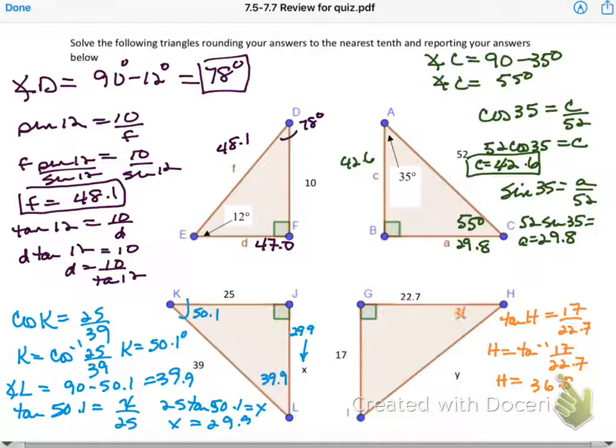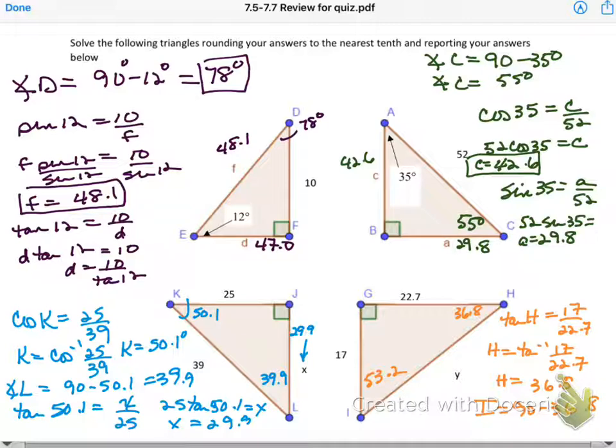To get I is just 90 minus 36.8, and I have an I value of 53.2. Next I need my Y.